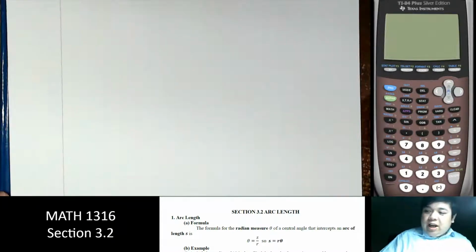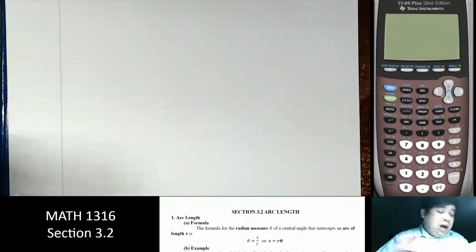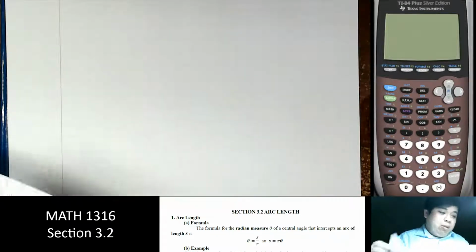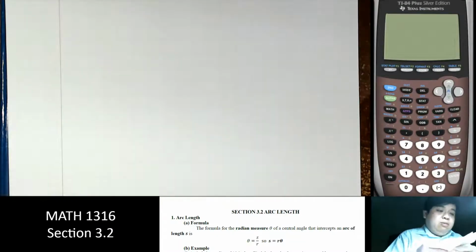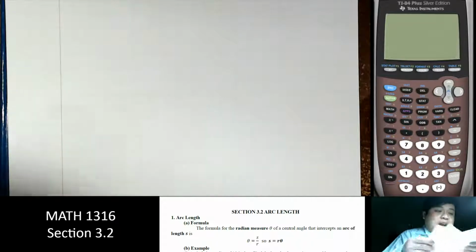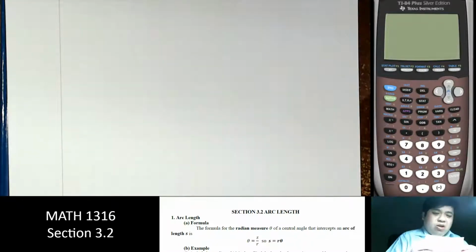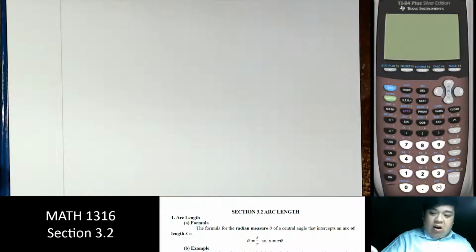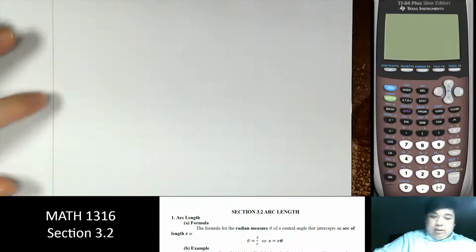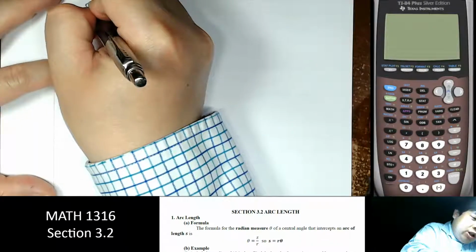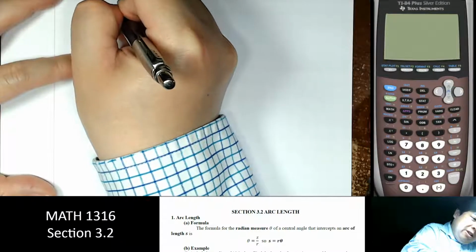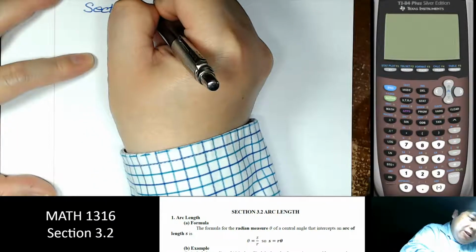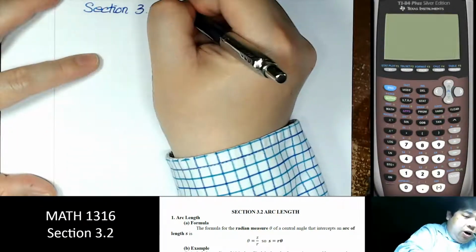It goes without saying on the test, I'm talking about the test, like we have 3 tests, I cannot enforce the closed book, closed note. So in that case, it goes without saying you can use your note. And when you have something like this, it will be very useful to reference. Anyway, section 3.2. Arc length.